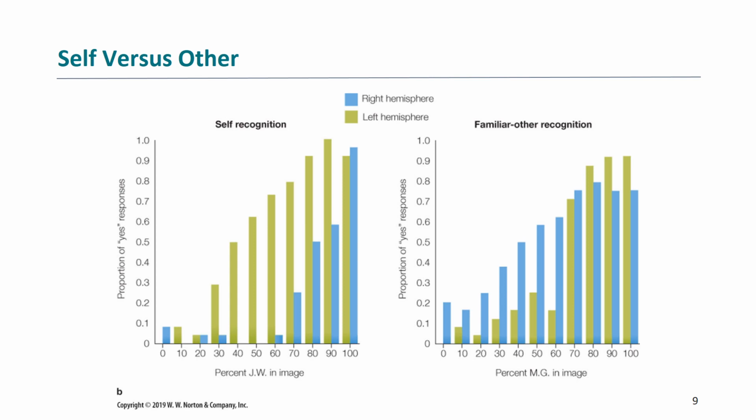These are two different split brain patients. This is JW, we'll talk about him, and this is MG.